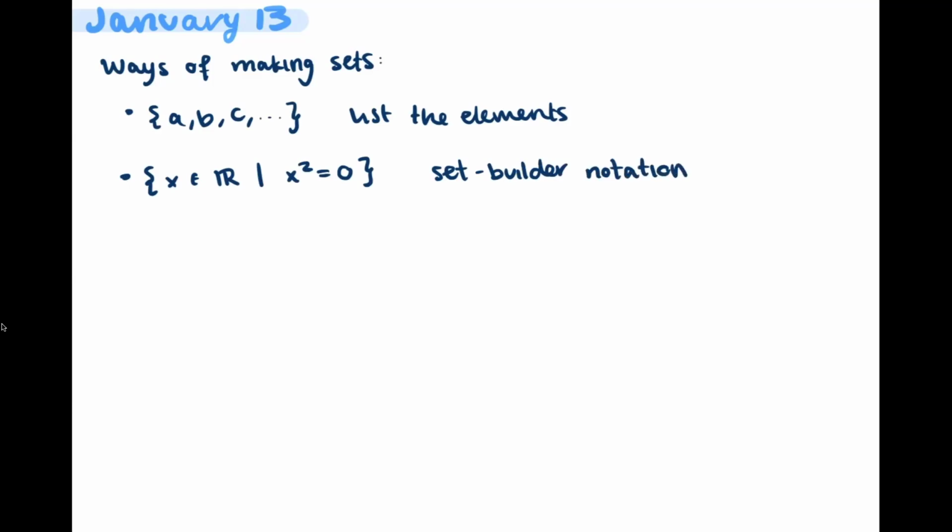And right now I'll give you two more ways to make sets just by combining the sets that we have in different ways. So this is going to be union and intersection. So let's start with union. I'll make a definition. Let A and B be sets.